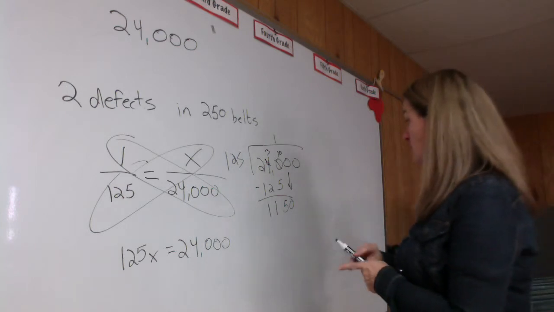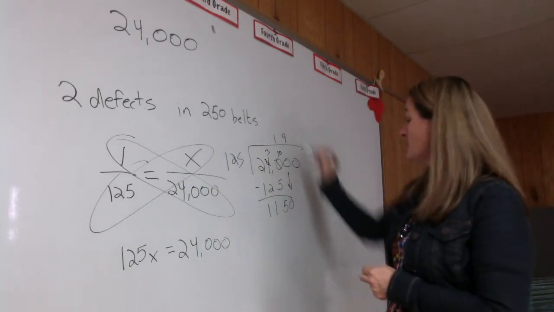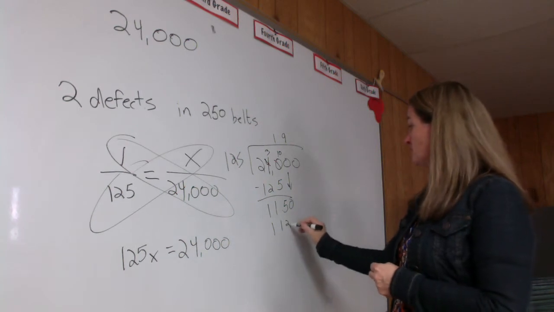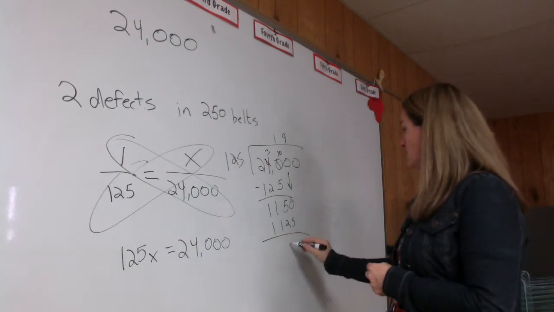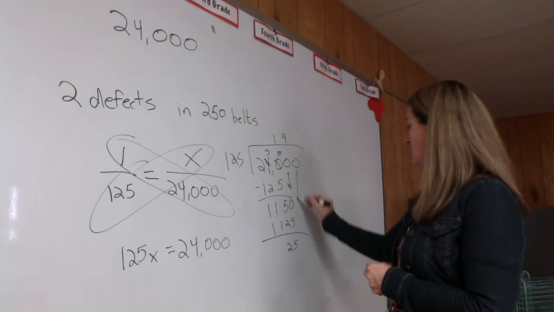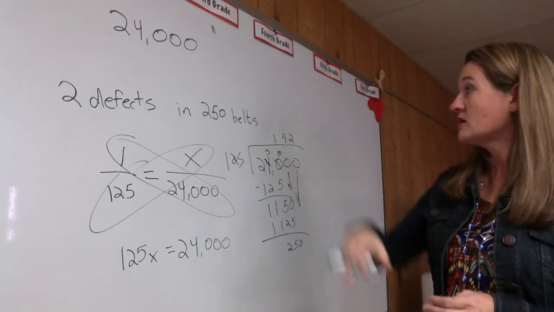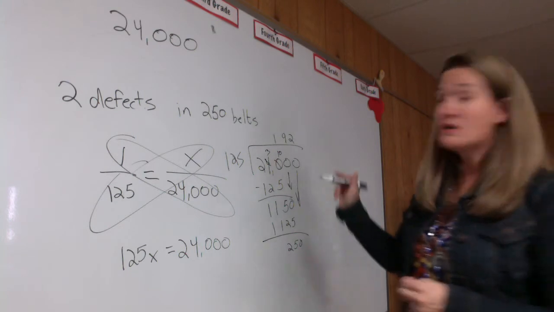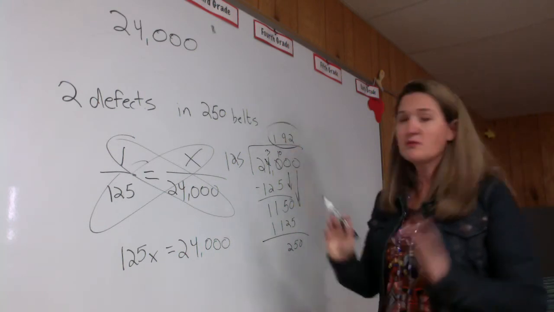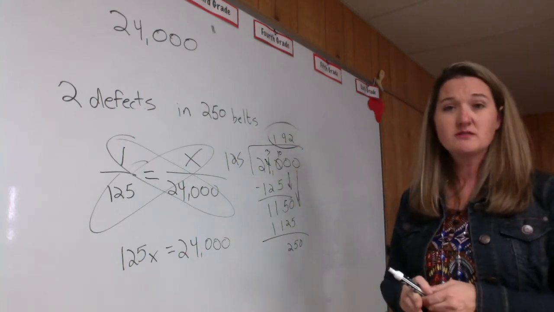Let's add 1 more, that will be 9. And that will give me 1,125. That leaves me 25. Drop in the last 0. So out of 24,000, I can expect there to be probably about 192 belts that are defective.